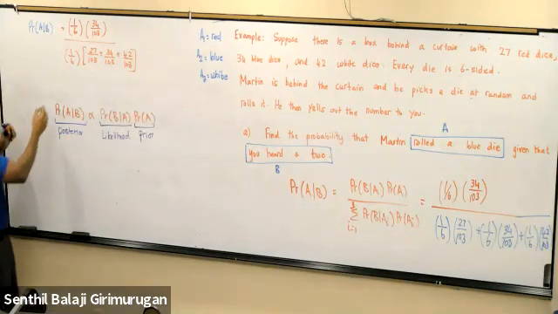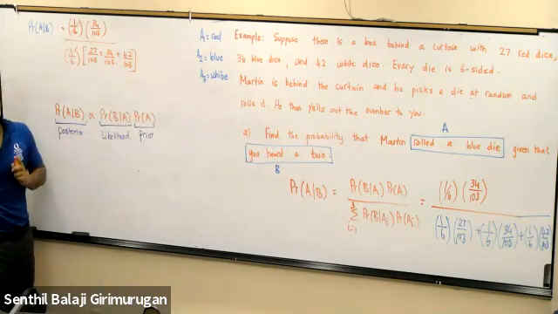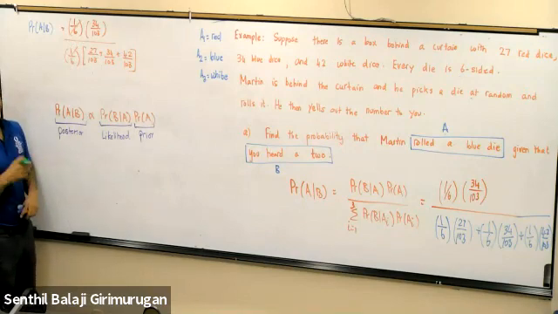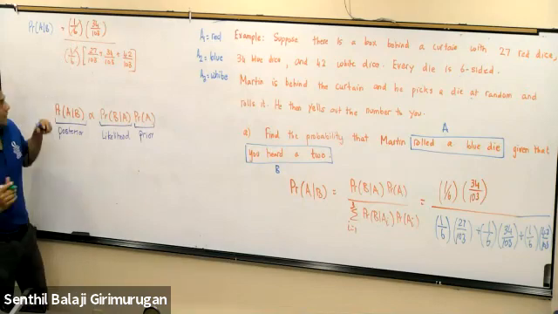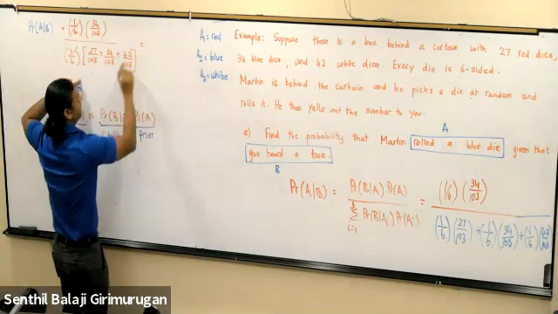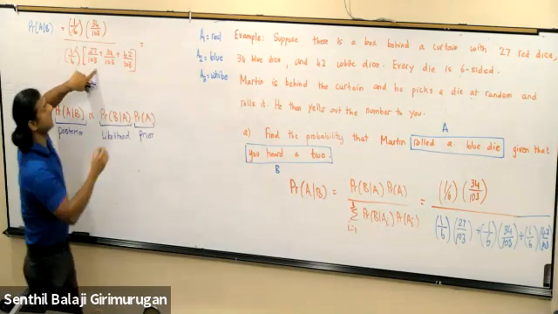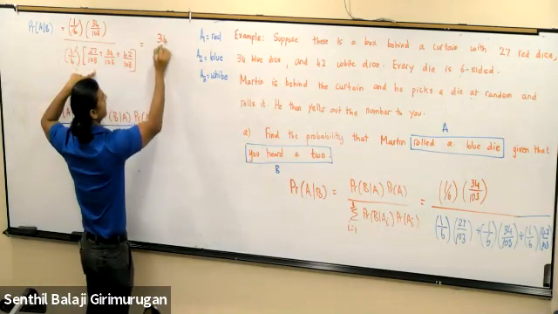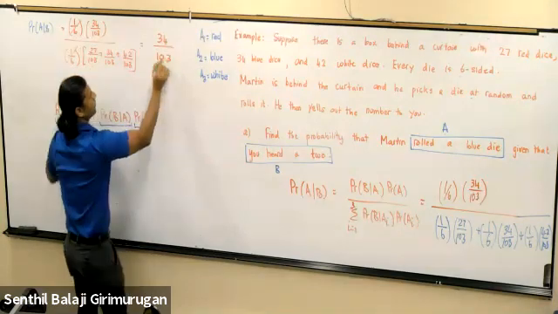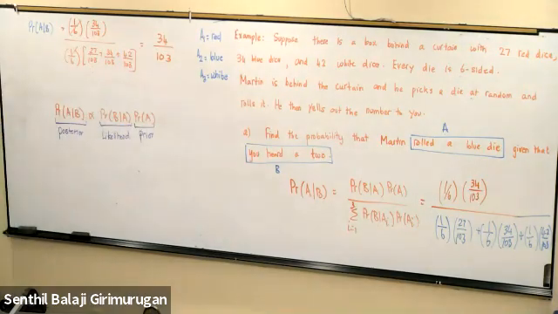Well, 1 over 6 would get cancelled. The denominator is 1. So in chapter 3, we'll talk about a probability mass function. That's what it is. If you add all the probabilities in a probability mass function, you'll get 1. So the denominator is 1, so you have 34 over 103. Good.